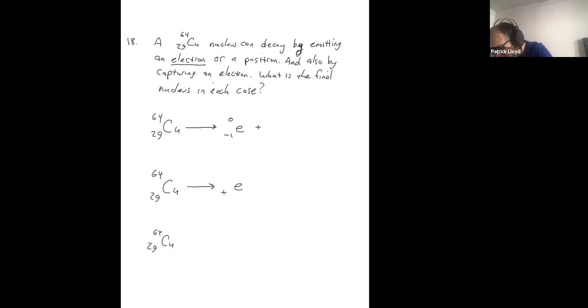The positron is the electron with a positive charge. And it can also do a third thing. Now, this one's a little bit different. Capturing means you're taking something. So it actually adds an electron. Remember, atoms have electrons, and it turns out sometimes some of these heavier elements can capture one of their own electrons. We'll see more about electrons when we get to the chemistry, but this is called electron capture.